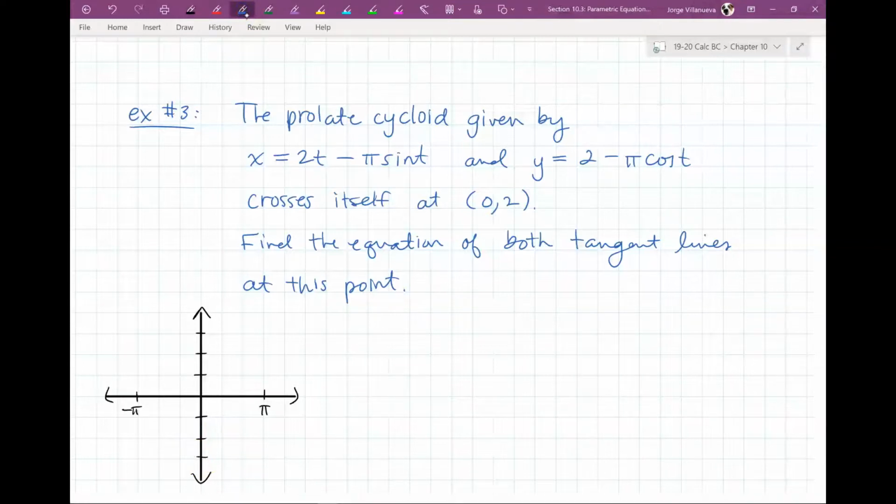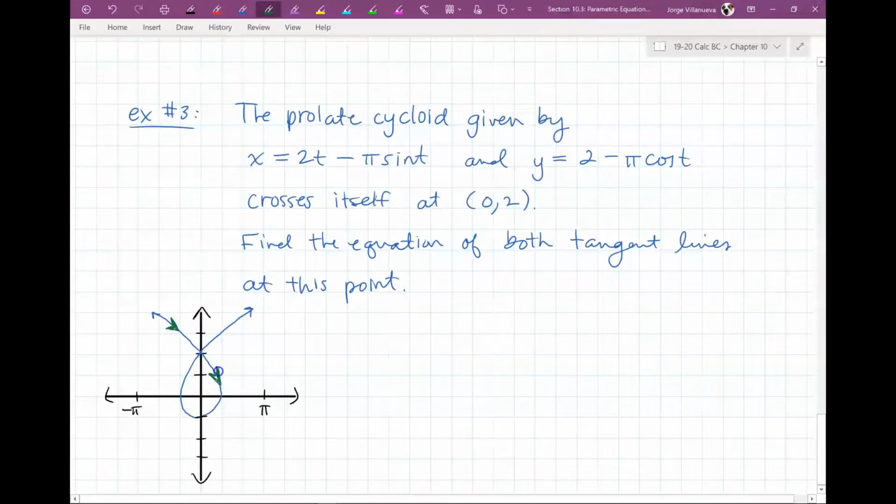And the graph kind of looks like this. That's what the graph kind of looks like. And it actually comes in this way, from left to right.